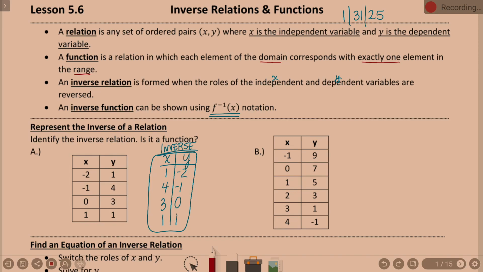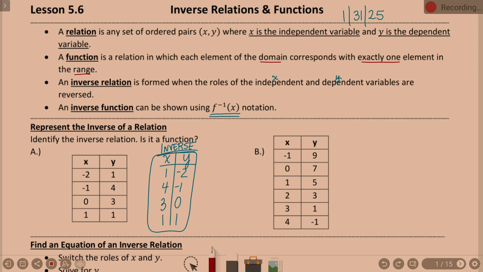So let's practice on the original. They gave us this original set of ordered pairs. -2. What does it pair with? 1. Does it pair with anything else? No. -1 pairs with 4. Does it pair with anything else? No. 0 pairs with 3. Does it pair with anything else? No. And 1 pairs with 1. Does it pair with anything else?